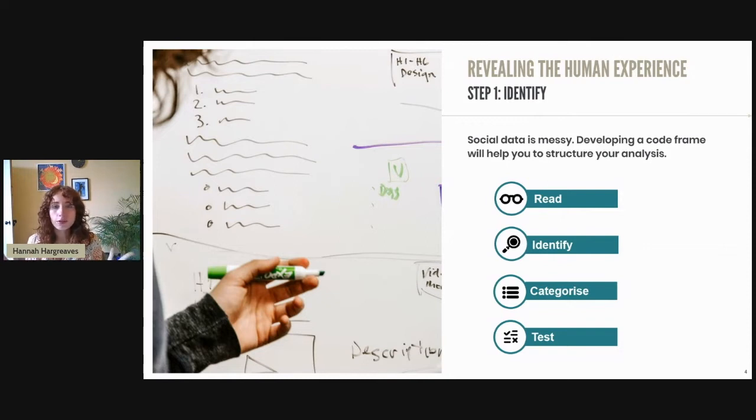So how do you build a code frame? What we do is we use an approach which is quite common in qual research called grounded theory, or I guess inductive reasoning. What grounded theory is all about is letting the data suggest the key themes to you and building a story that's really grounded in the data.